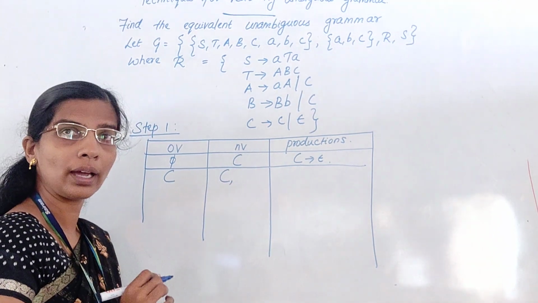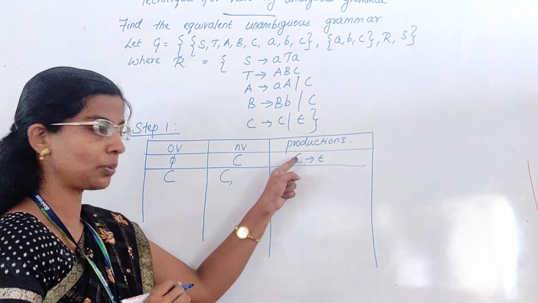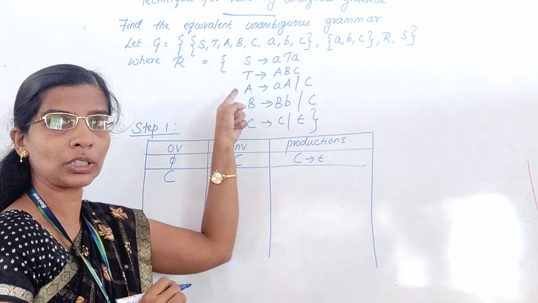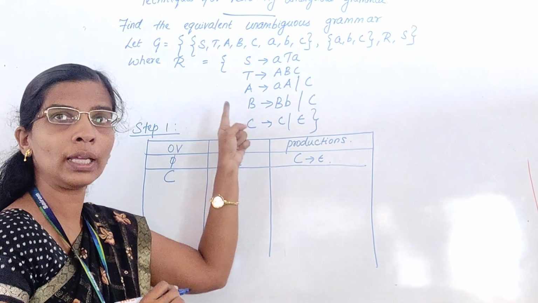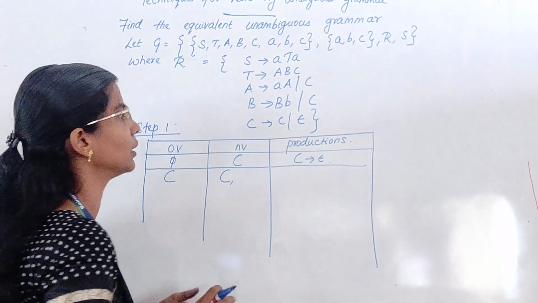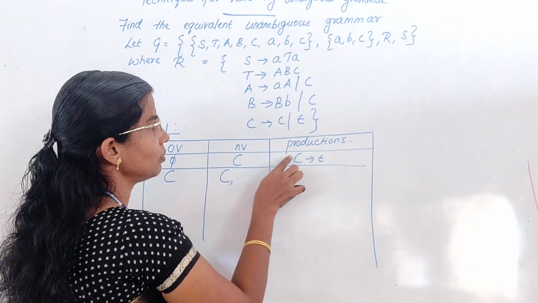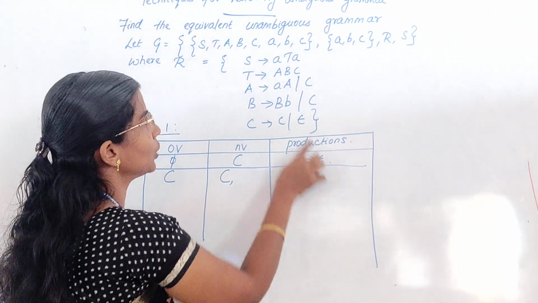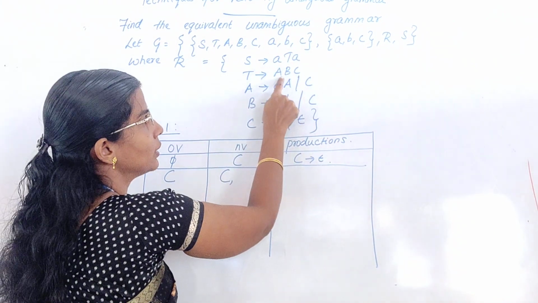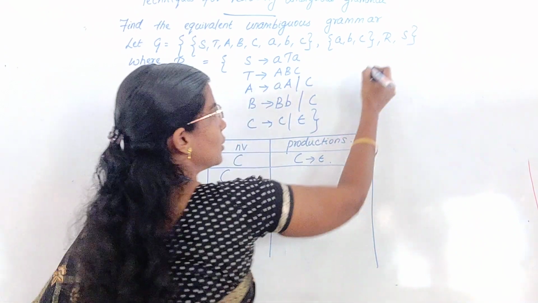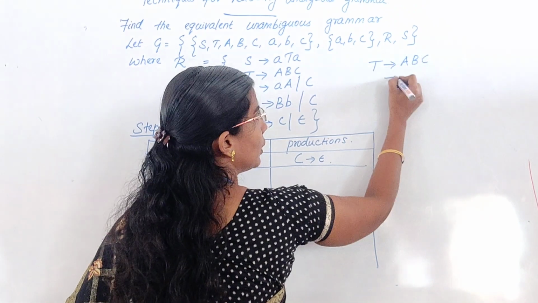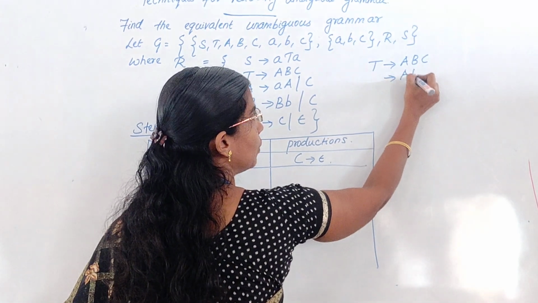Then I have to check: if I substitute epsilon for C in the other productions, will I get only epsilon in RHS? So C tends to epsilon. Check the RHS for the variable C. I have here T tends to ABC. If I substitute null for C, what will I get?